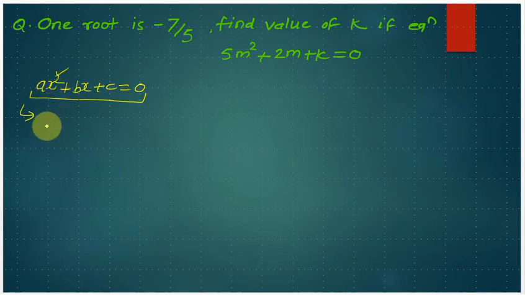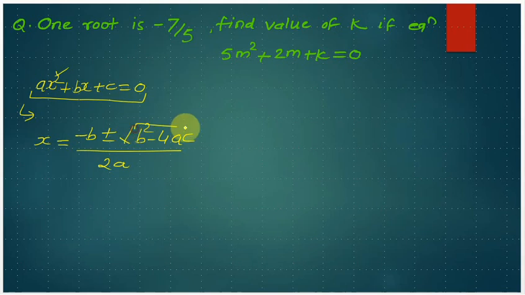If we calculate the value of x, then we get x is equal to minus b plus minus square root of b square minus 4ac upon twice a. This is the formula to calculate the values of x.